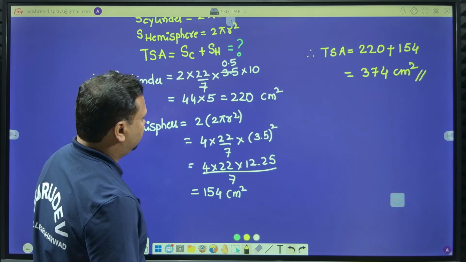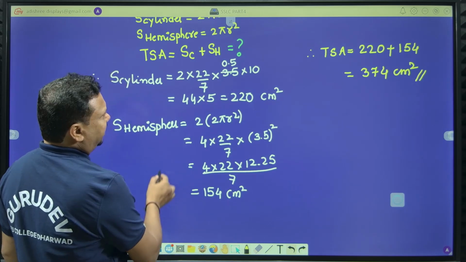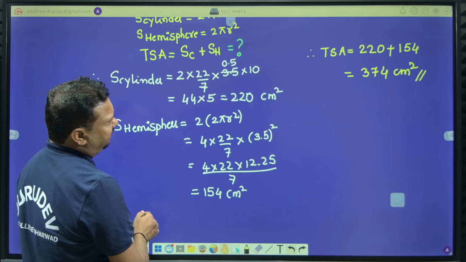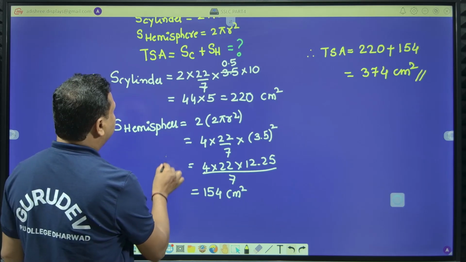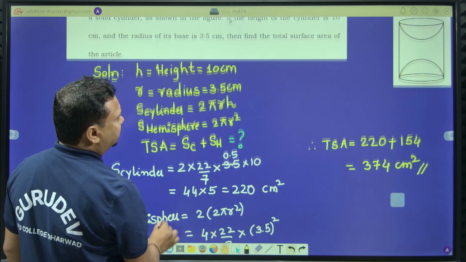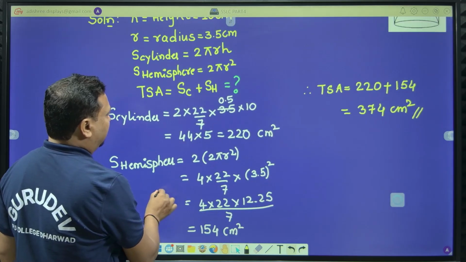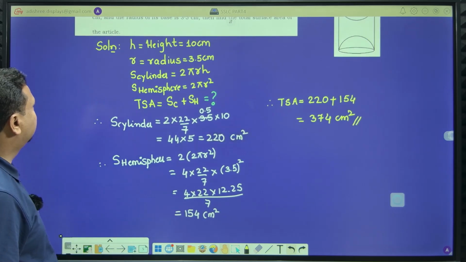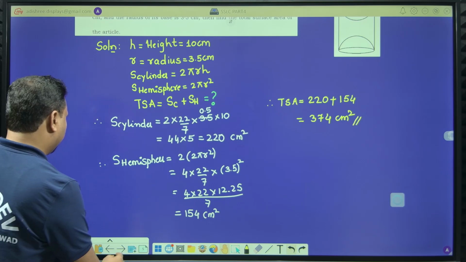Clear? So, what is the total surface area? 220 plus 154, that is 374 centimeter square is the right answer for this question. I hope you understood this. This is the solution of the given problem. We will go for the next one.